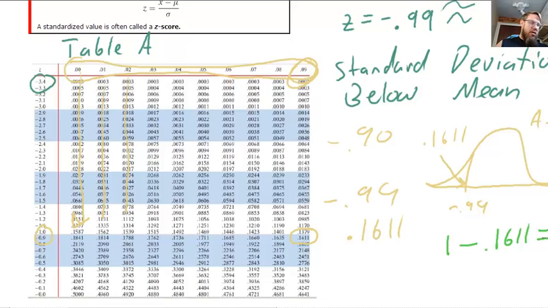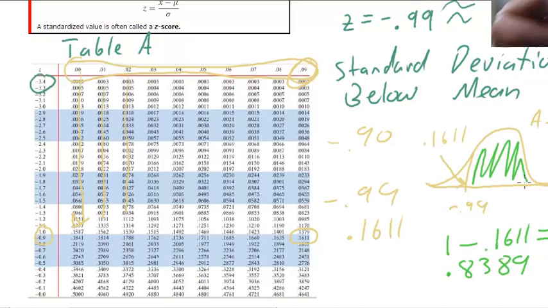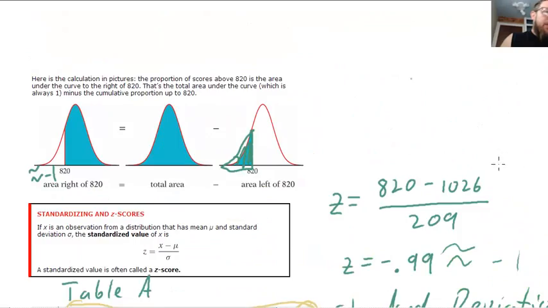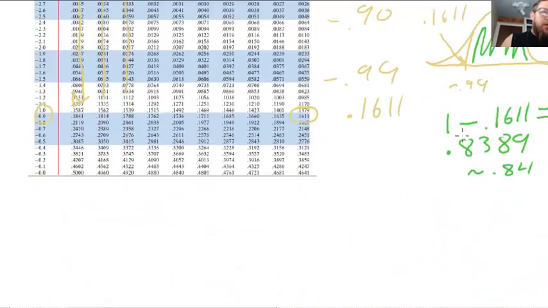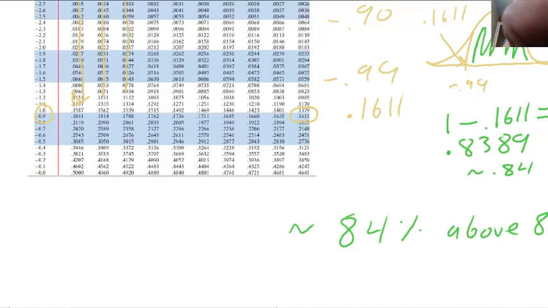I get 0.8389. So this area is about 0.84. So about 84% of the people will have SAT scores above 820. About 16% would have SAT scores below 820.